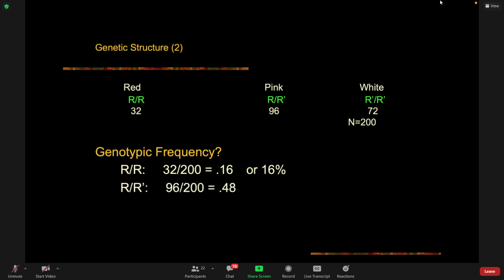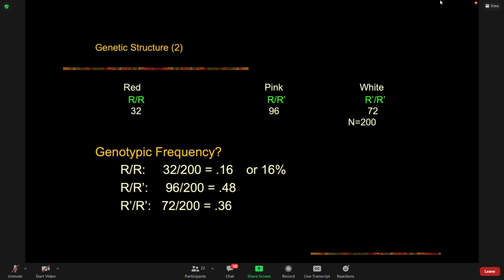0.16. And genotypic frequency for big R big R prime is 0.48, and for big R prime big R prime, 0.36. So when we have incomplete dominance, the phenotypic frequencies and the genotypic frequencies are the same.